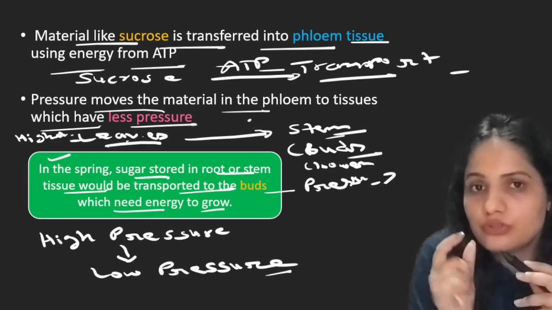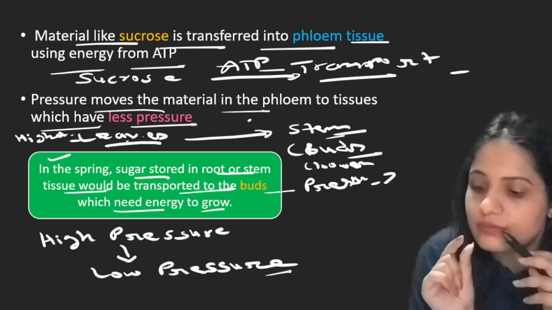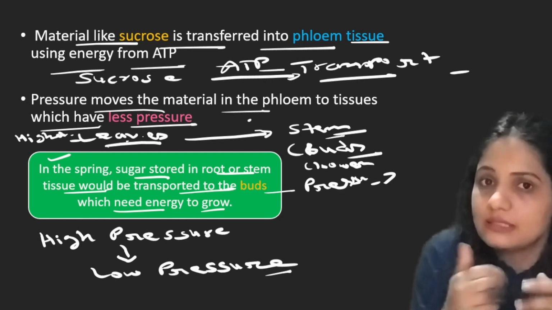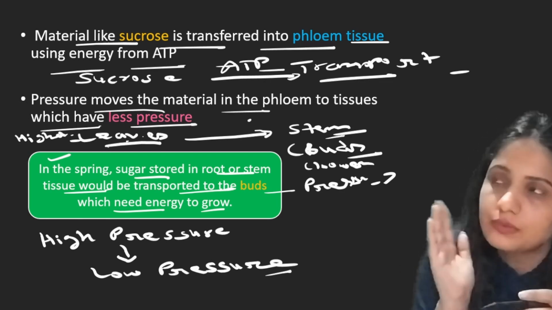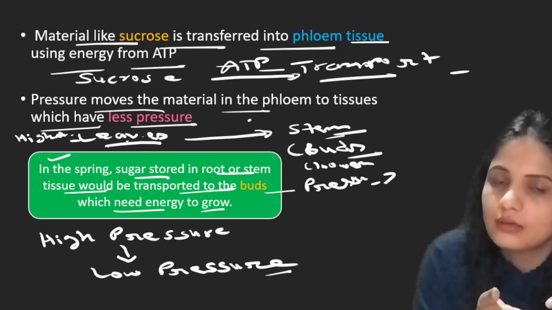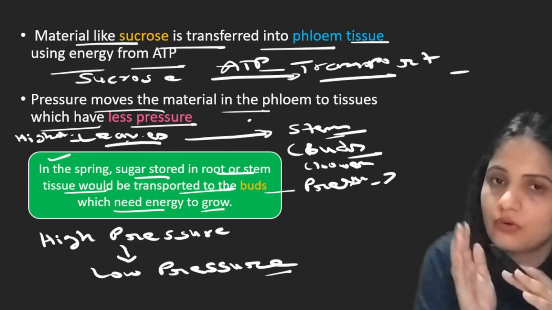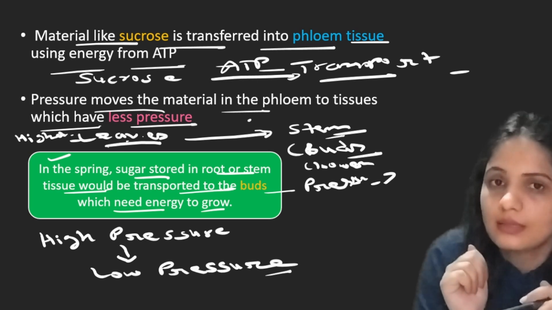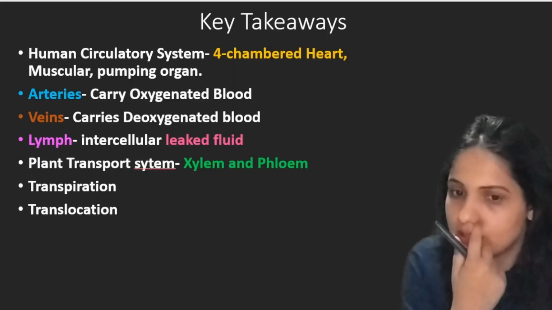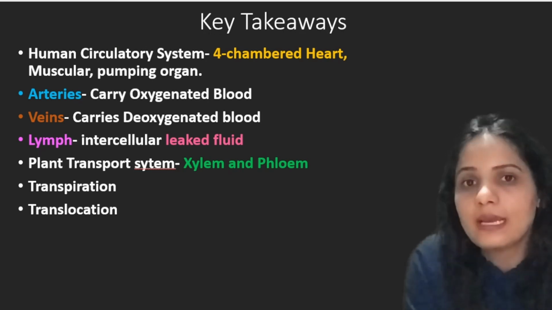There is germination of new buds, and the growth of buds needs food, and that food comes from leaves. The food is transported from leaves to buds via this pressure difference, from higher pressure to lower pressure. This is the process of transportation of food. Understood? So this is all about transport of food in plants.